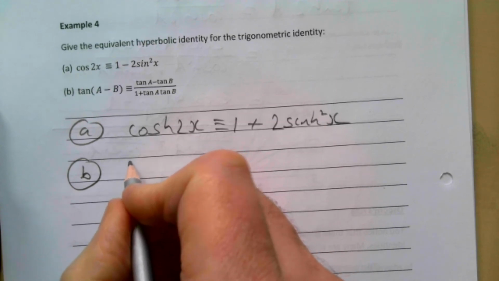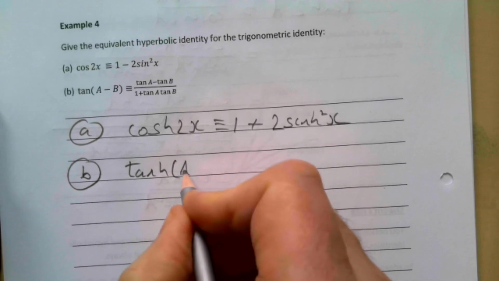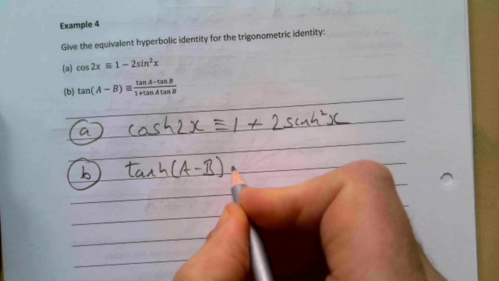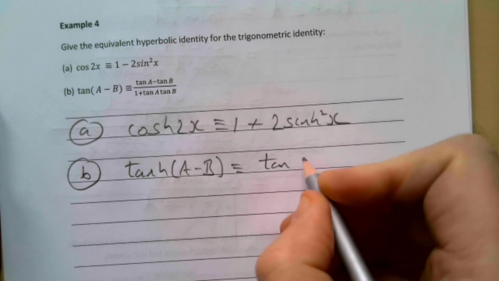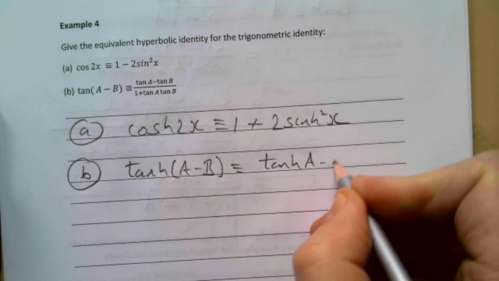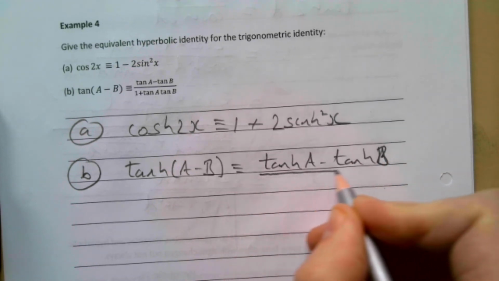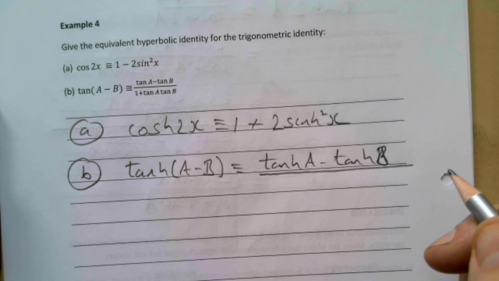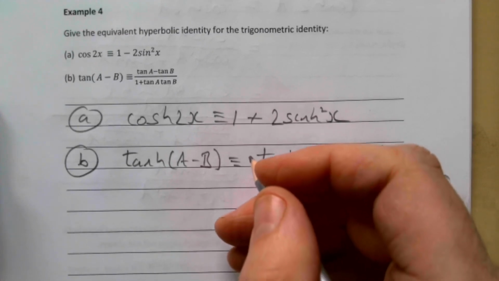Tan, so where are we going to go: tanh of A minus B is equal to tanh A minus tanh B, all over, and then along the bottom, this bit's quite important.